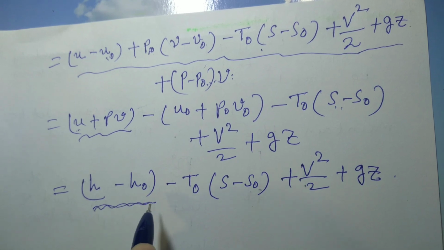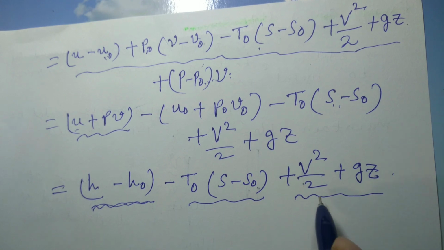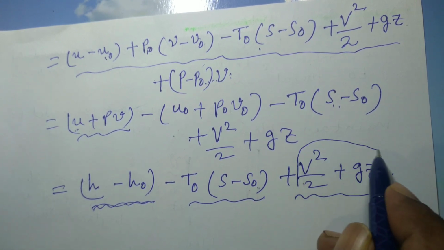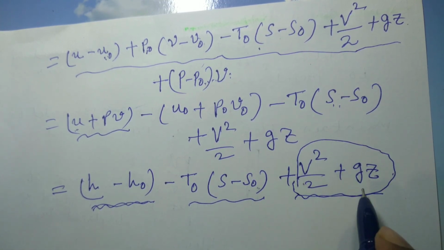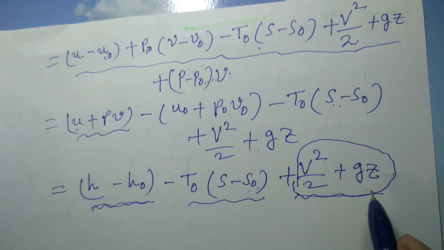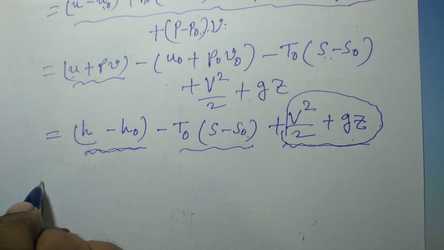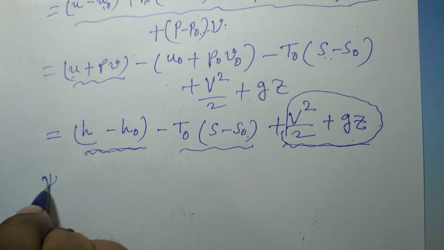This expression is the exergy of a unit mass of a flowing fluid in which we have taken into account the kinetic energy and potential energy. And in most cases, these kinetic energy and potential energy terms are neglected. So it can be expressed in terms of a function called psi also.